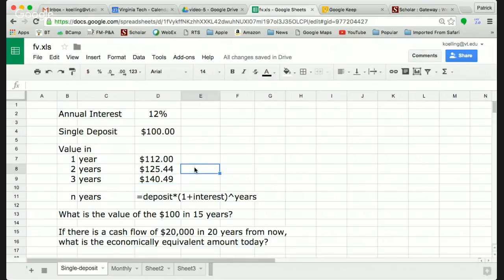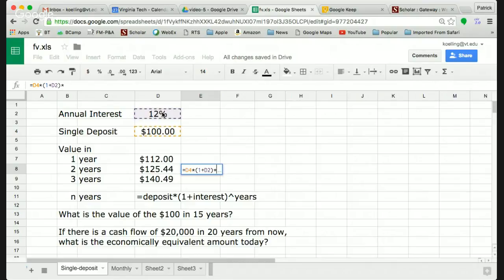One thing you might note is that in year two, let's take what we did in year one. So we'll take the year one amount, which was equal to 100 times 1 plus the interest rate. And that part of the equation gives us $112. And then for year two, we took the year one amount times 1 plus the interest rate.